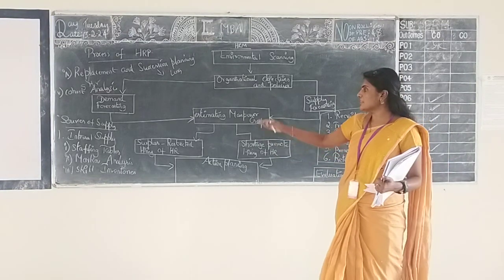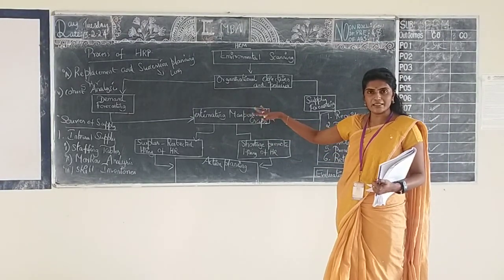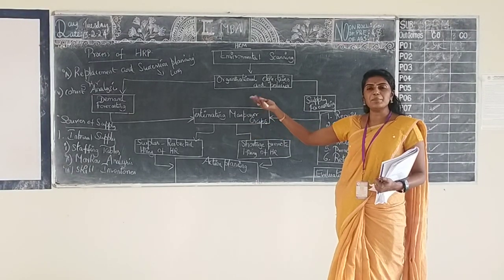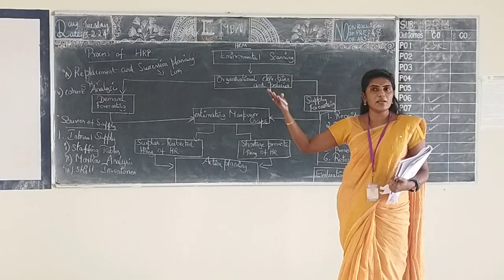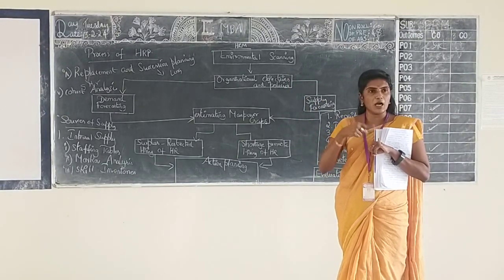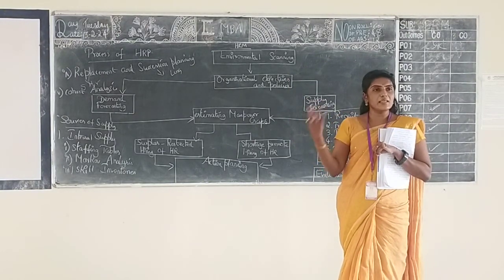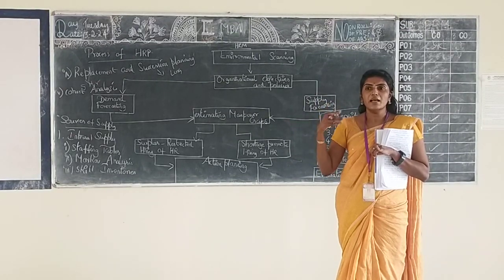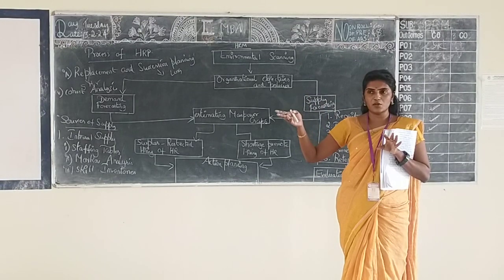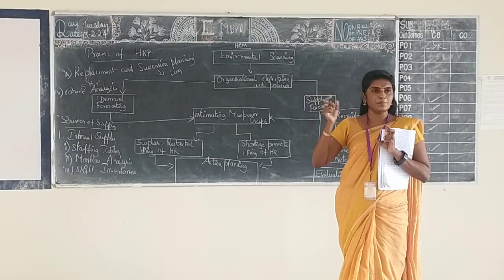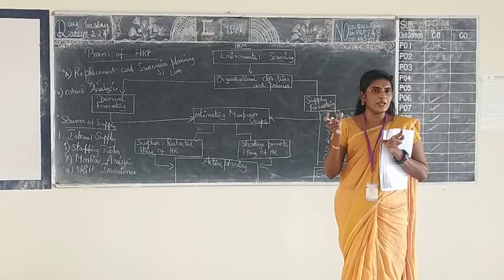Internal is related to the inside of the organization, and external supply is from outside. So it varies from job to job, company to company, industry to industry, location to location. Same company in Chennai and same company in Bangalore, some of the things are varying.